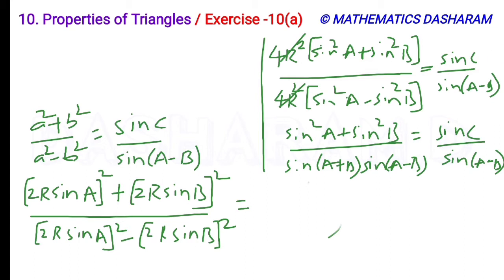So here we can cancel the sin(A − B) on both sides, but don't cancel it. Do cross multiplication.